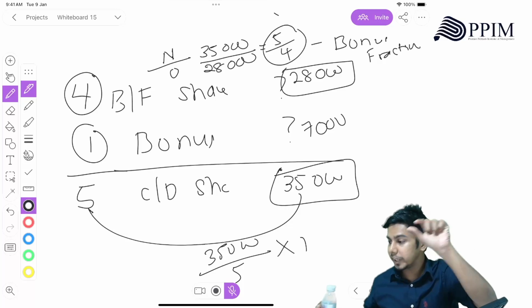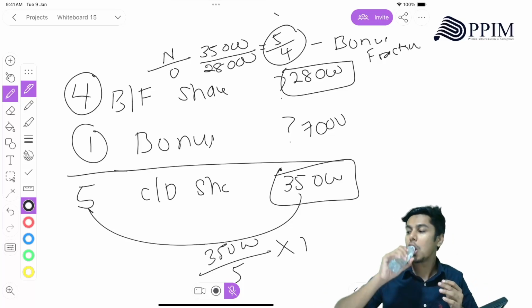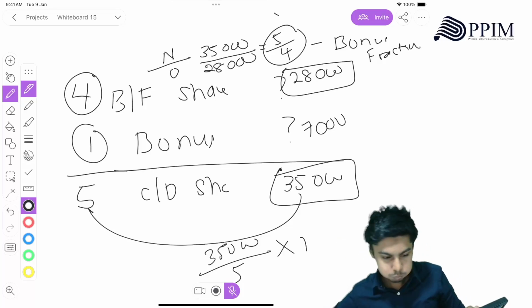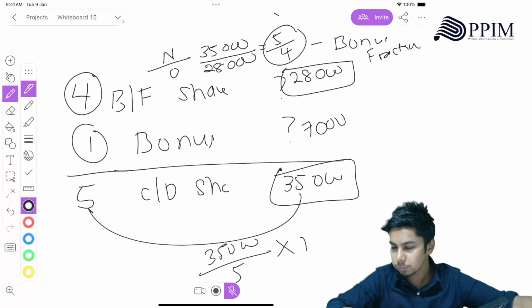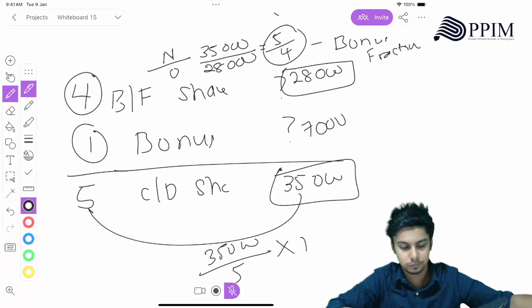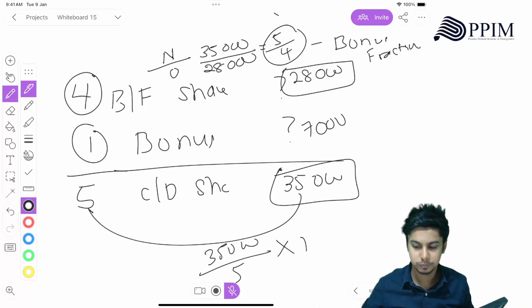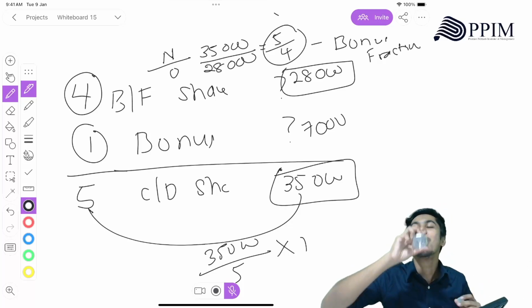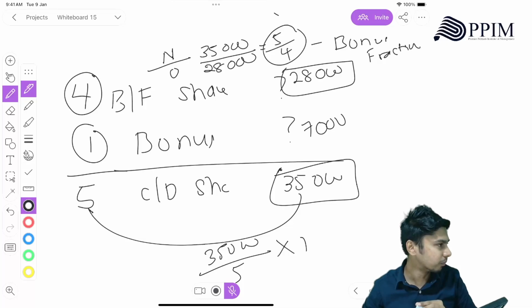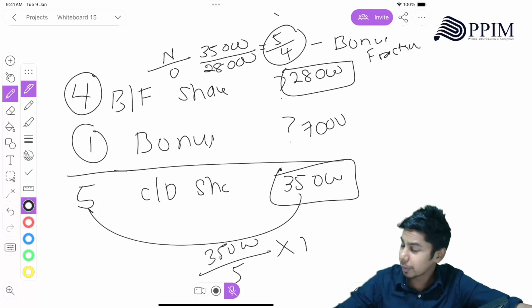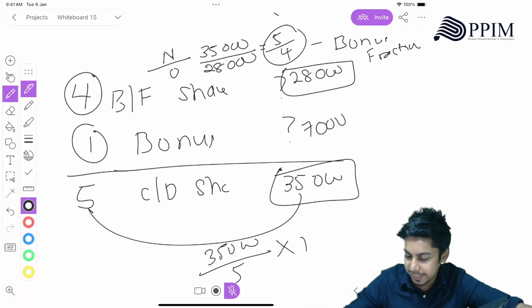Get familiar with the equity share dates when they give you. Sorry, part 2 means section C questions, big questions also they can ask this.